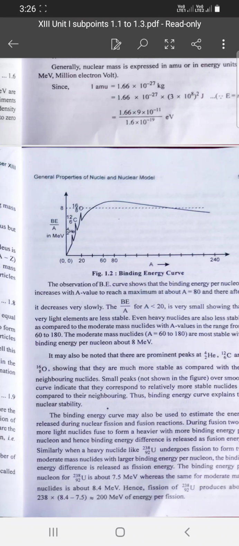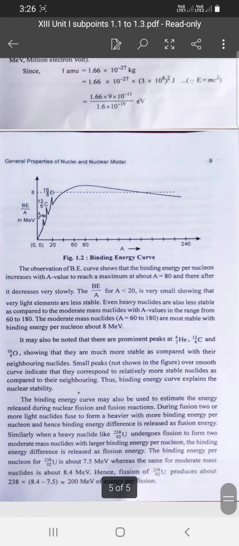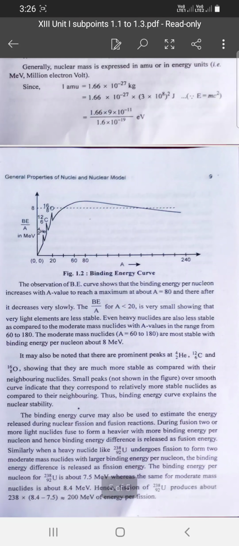During fusion, two or more light nuclides fuse to form a heavier one with more binding energy per nucleon, and hence the binding energy difference is released as fusion energy. When a heavy nuclide like uranium 238 undergoes fission to form two moderate mass nuclides with larger binding energy per nucleon, the binding energy difference is released as fission energy.